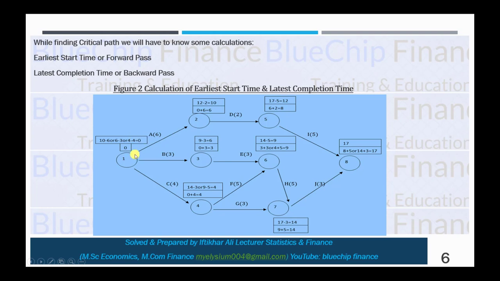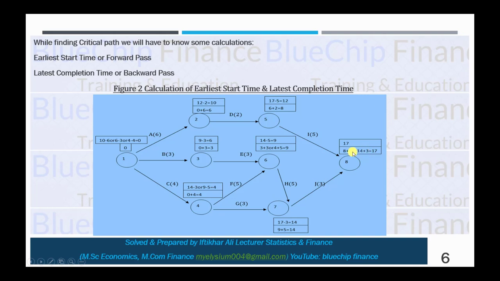So first of all, the first node always starts from 0, and now just add up the average time taken by the activity into the previous total. So 0 plus 6 equals 6, 6 plus 2 equals 8, and 8 plus 5 equals 13. Here we mentioned 8 plus 5 or 14 plus 3.